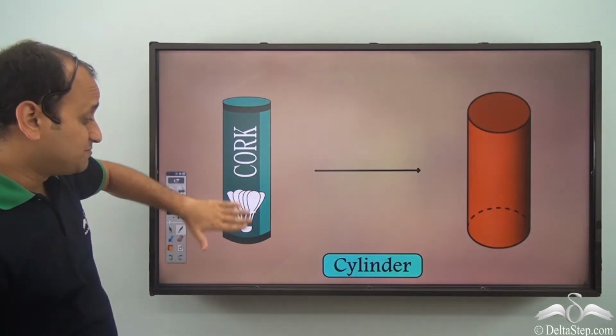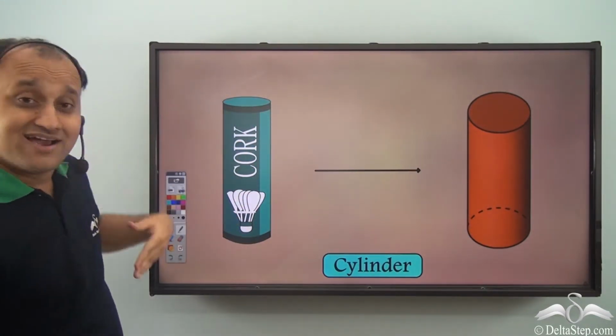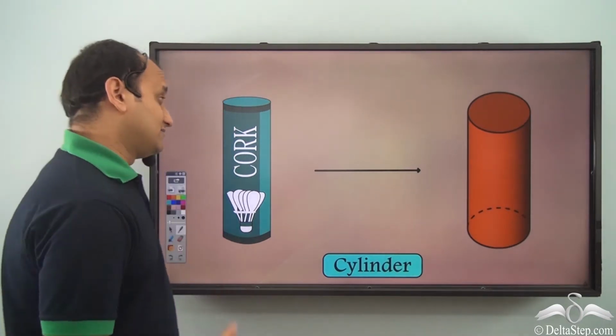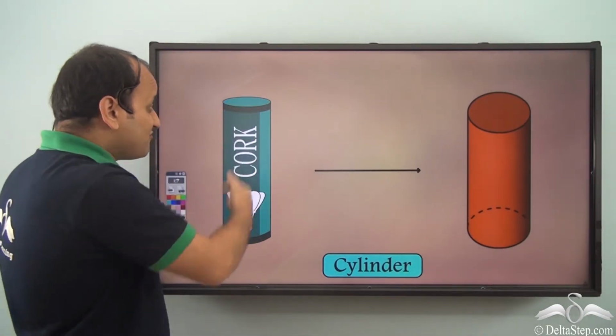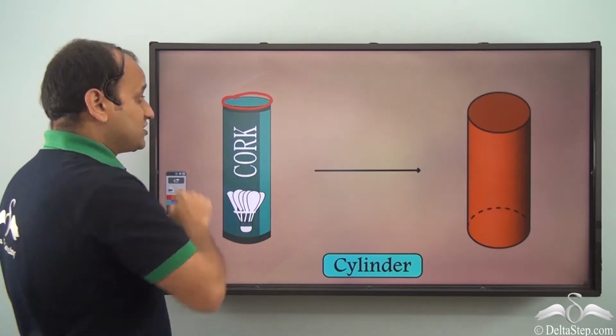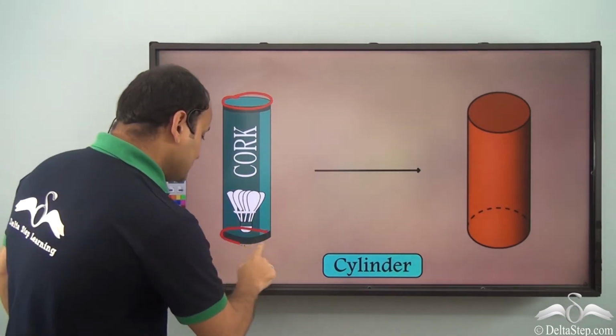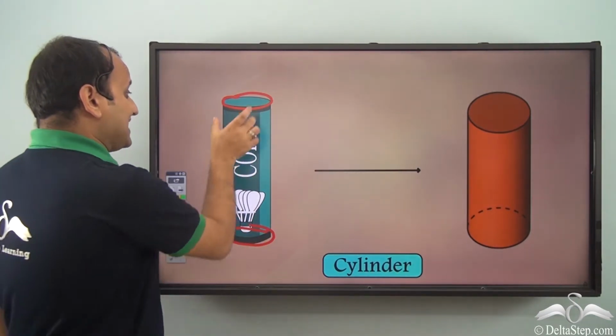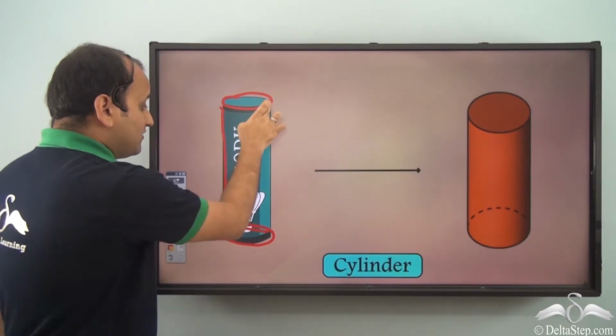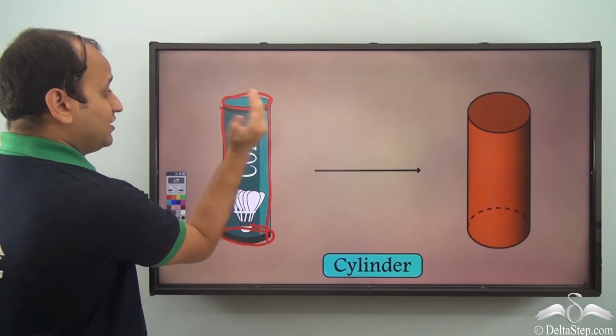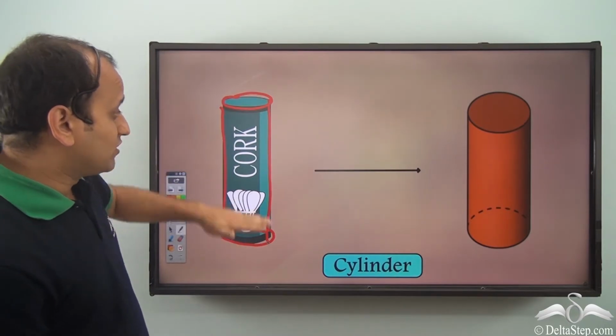So this shape is called cylinder. And this particular box of shuttlecock resembles a cylinder. As you know, this type of box has one circular face here, one circular face at the bottom, and then a curved face here, right, which joins these two circular faces.